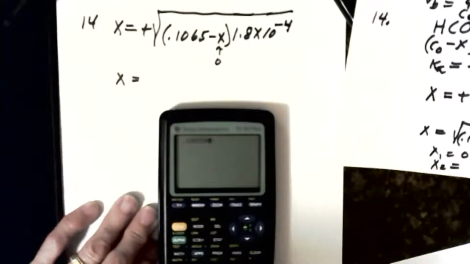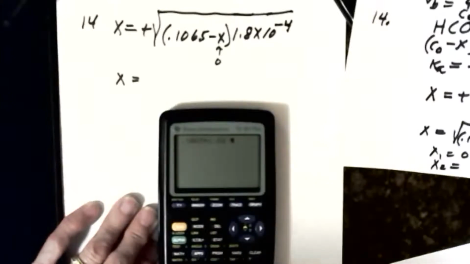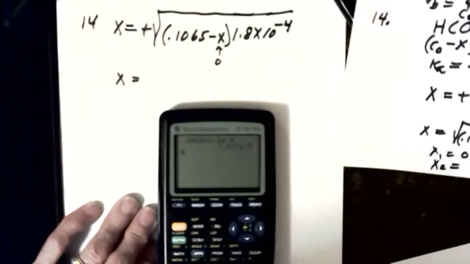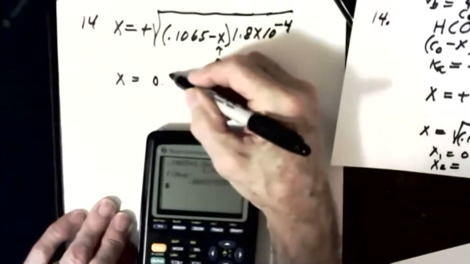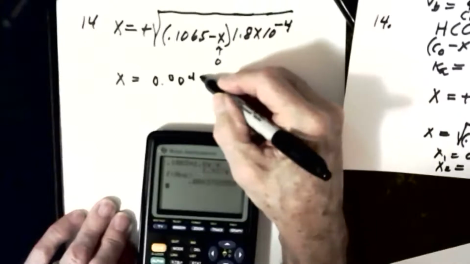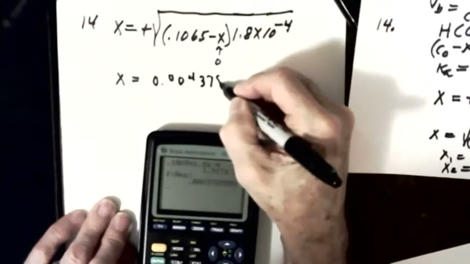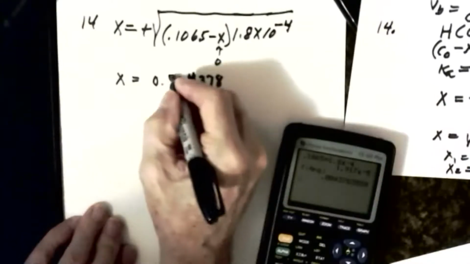0.1065 times 1.8 with an exponent of minus 4. That's this number. Now I take the square root of that answer, and I get 0.0043784. 4378.